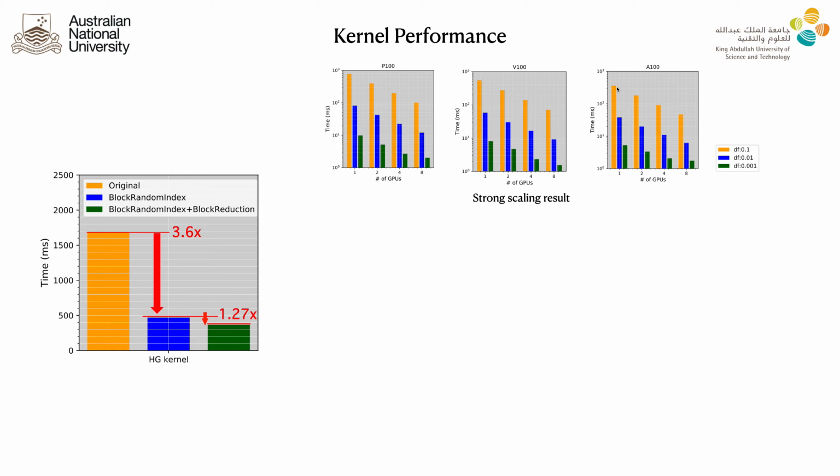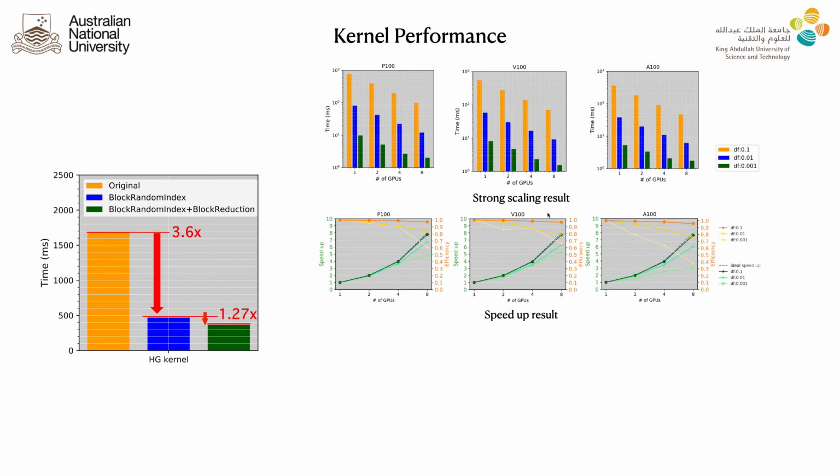When the architecture is newer, the time is shorter. This is the speedup result, and we show 3 data fractions. As you can see, when the data fraction becomes larger, we are closer to the ideal speedup. This is because each GPU has more work to do, so you can get a more ideal speedup.